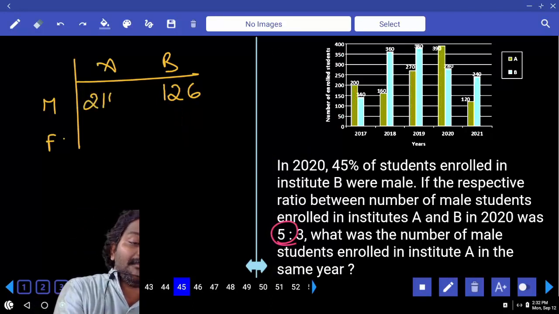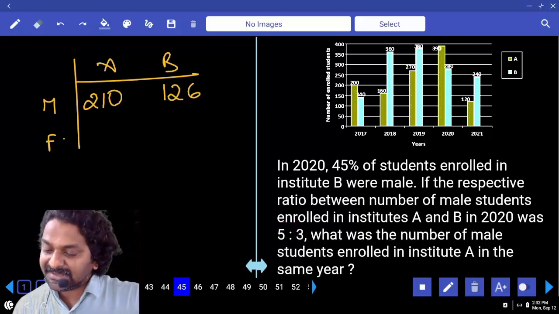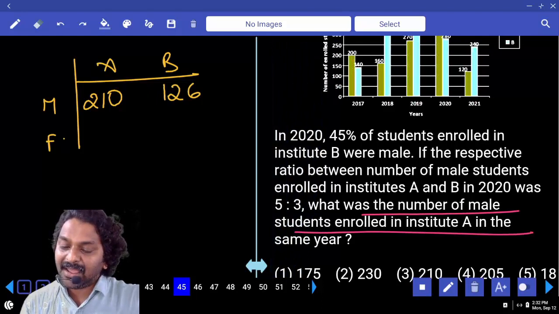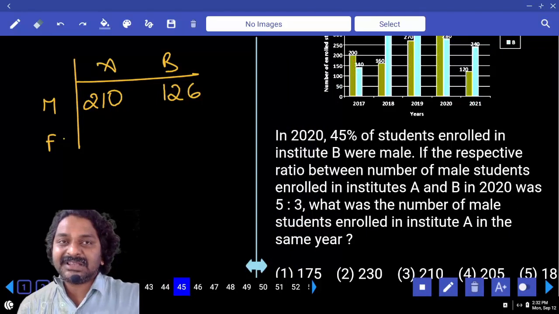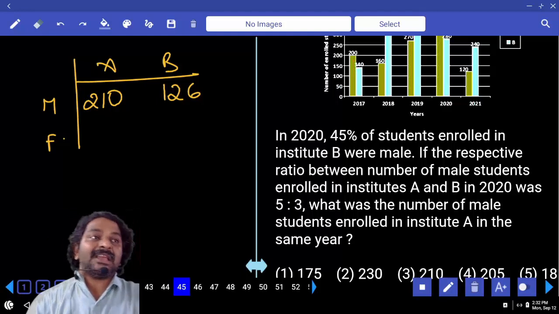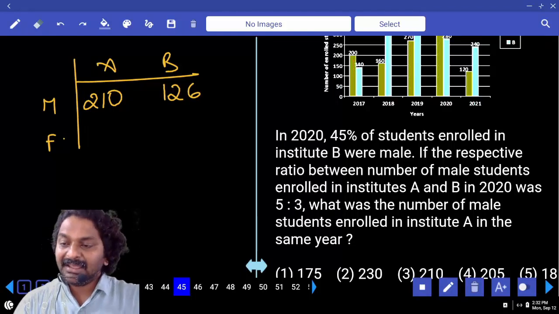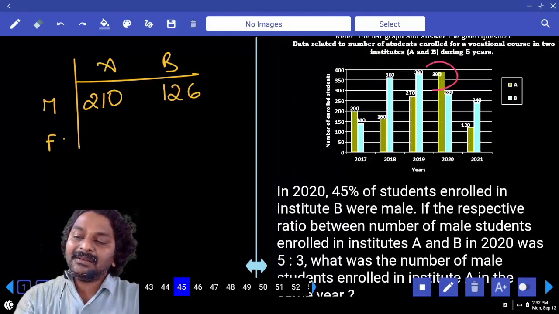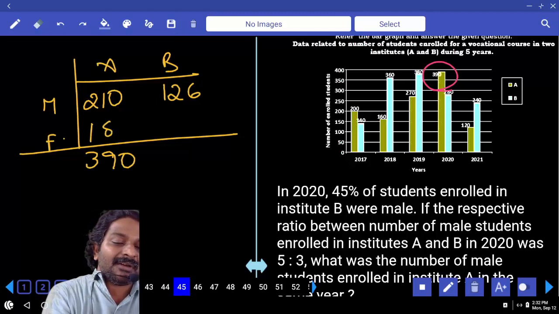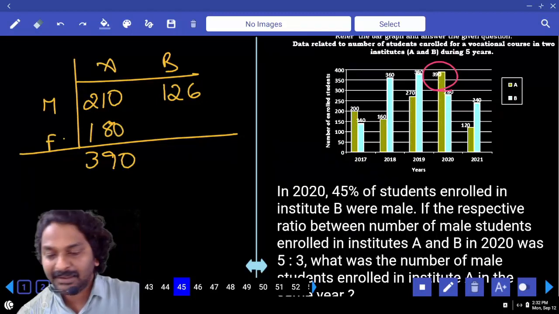So 210 male people are there in A. Now what is your question? What was the number of male students enrolled in Institute A in the same year? 210. In the same question, if you were asked to calculate female, in A, total how many people are there? 390. Out of 390, 210 are male, then the remaining 180 must be female only. Right.